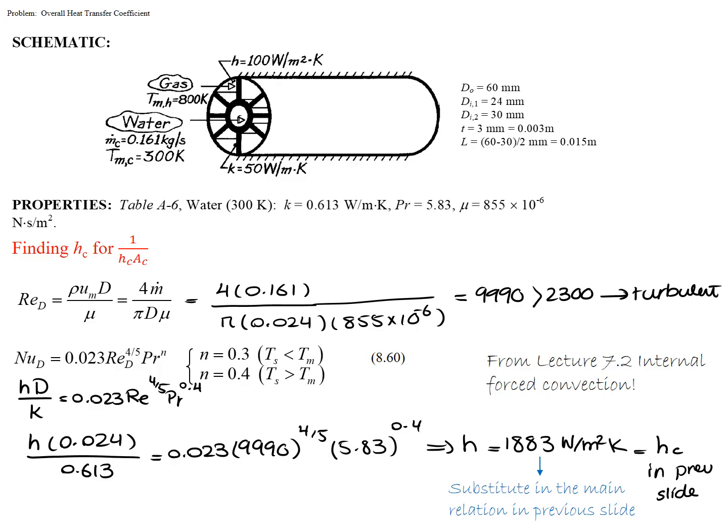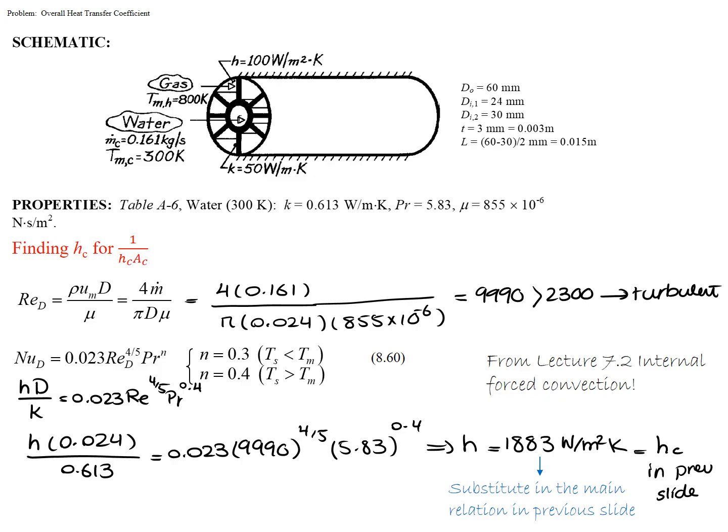In our case, the tube is actually warming up the water. The gases are flowing outside of that tube and making that tube very hot. And as a result, I do expect the wall temperature to be higher than the temperature of the actual water. So that's why I will pick n as 0.4, because I assume that that tube is hotter.